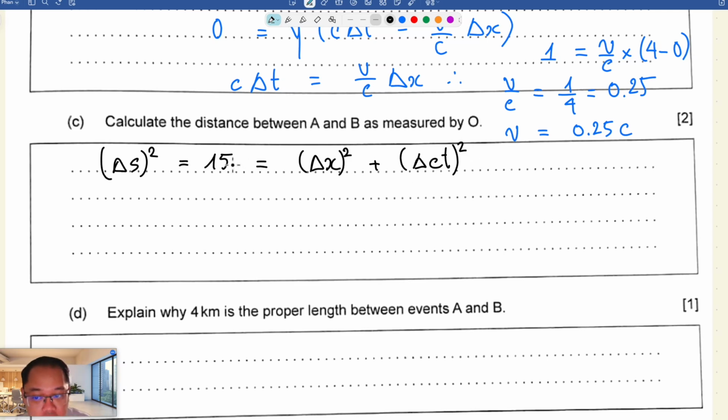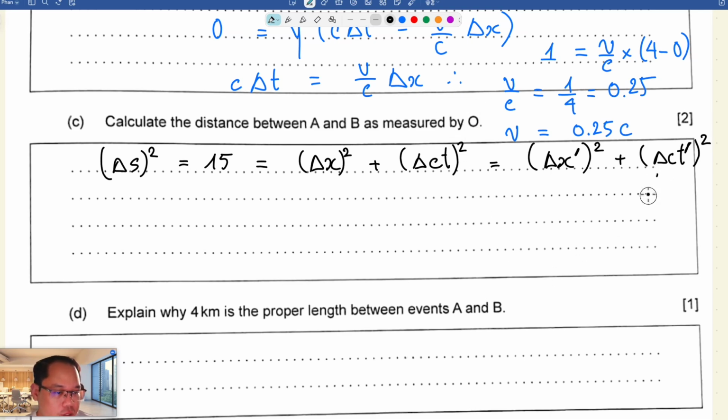It is constant, which means it equals the square of the difference in position in the prime reference frame, the frame of reference O moving, minus the square of the difference in ct prime. We call it the prime reference frame.